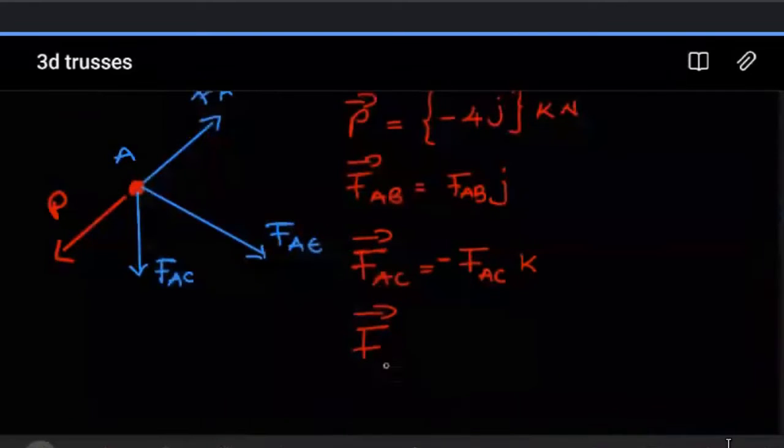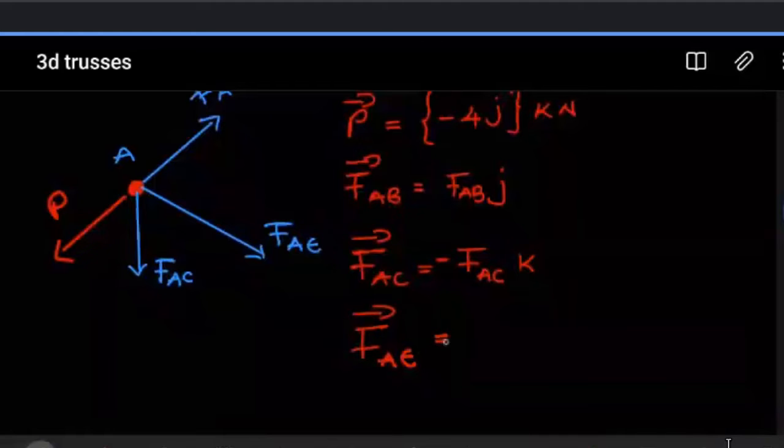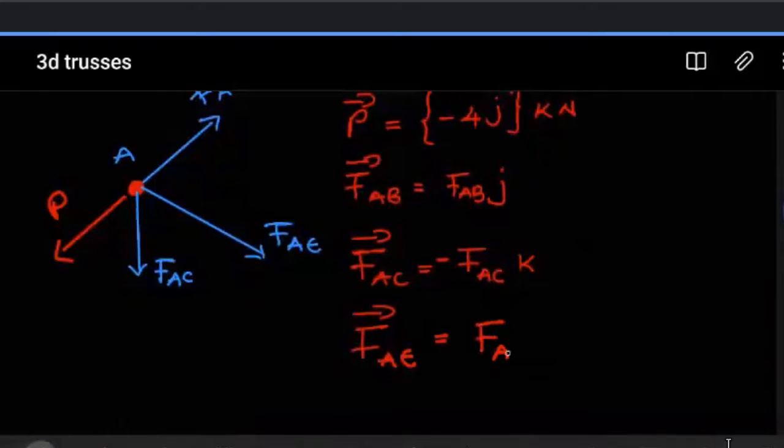Okay, so this is where we actually have a little bit of work. FAE. For AE now, this is where you really need to know what is happening, because you're going to express FAE as the magnitude, which is FAE. We don't know what it is, so just put a label, FAE. But it has to multiply a unit vector in the direction of that force.